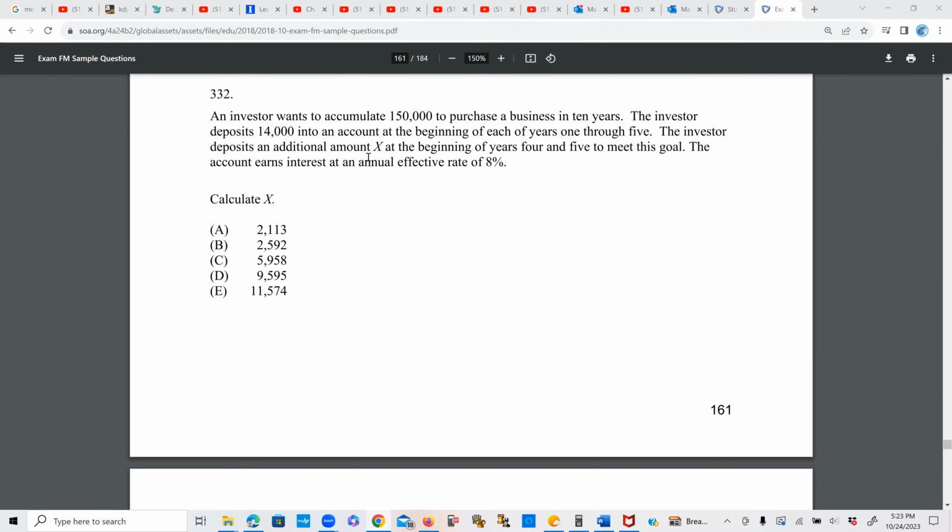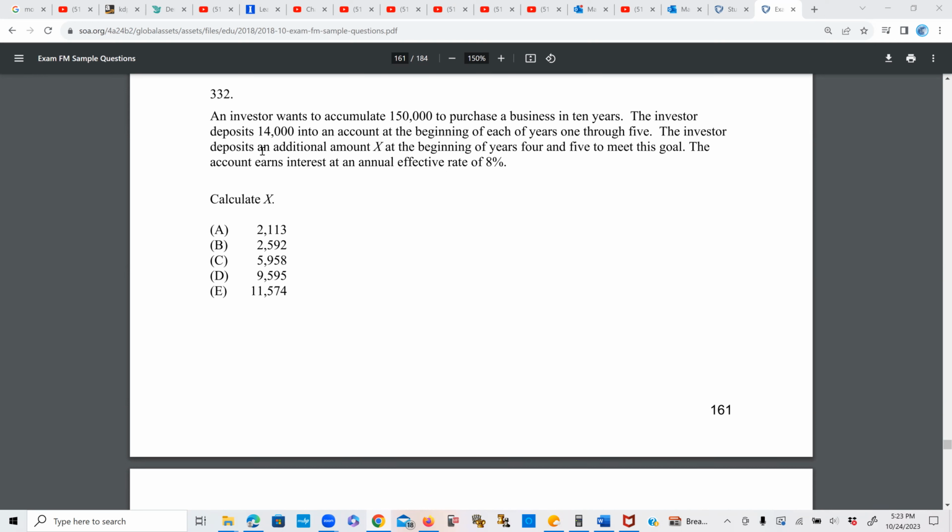So the 150,000 is to be accumulated in 10 years, and the deposits form an annuity due, the first 5 deposits, the 14,000 ones, and then we have an additional X at the beginning of years 4 and 5.